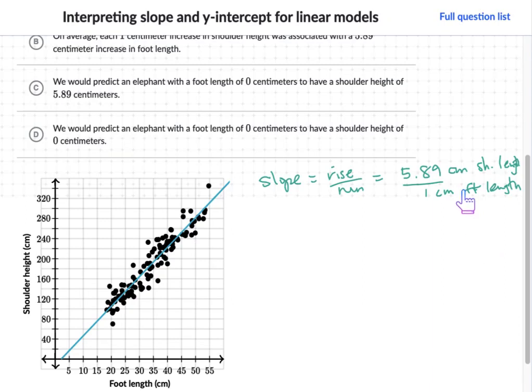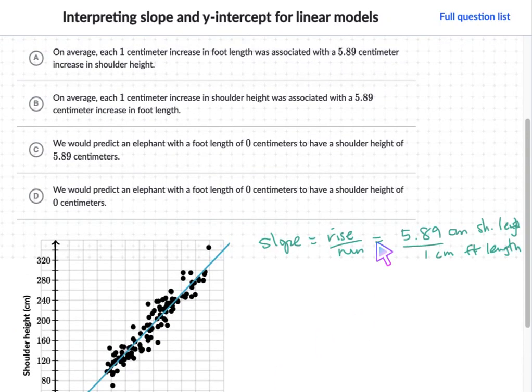So this is telling us that for every 1 centimeter long for that elephant's foot, there's going to be an increase of 5.89 centimeters long in the shoulder. So every time you have 1 extra centimeter of the foot, there's going to be an extra 5.89 centimeters in the shoulder. Okay, so now, and we just got that from our rise, the words here, and the run, the words going this way.